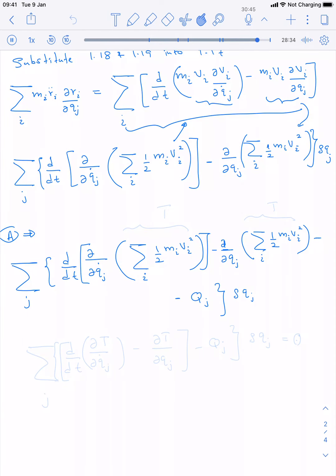Now I can write this term as the kinetic energy, right? Half mi vi squared.